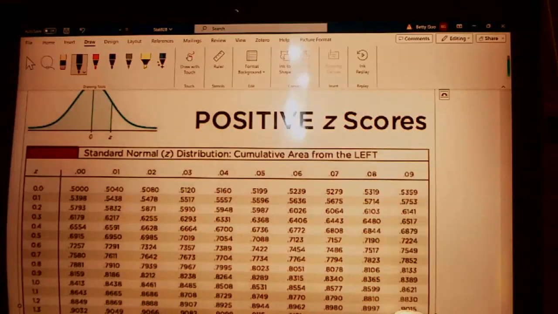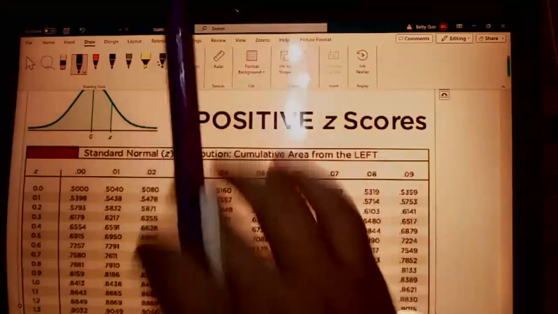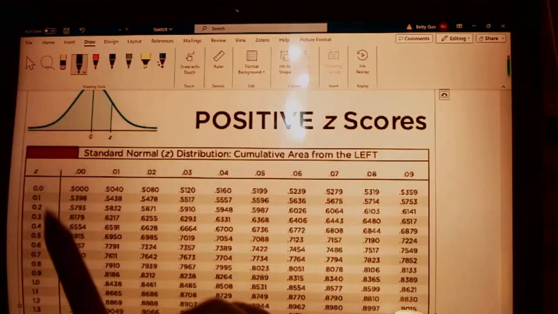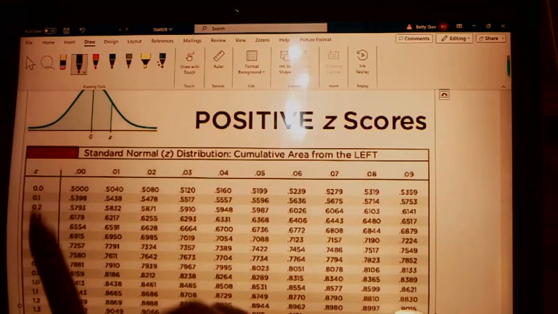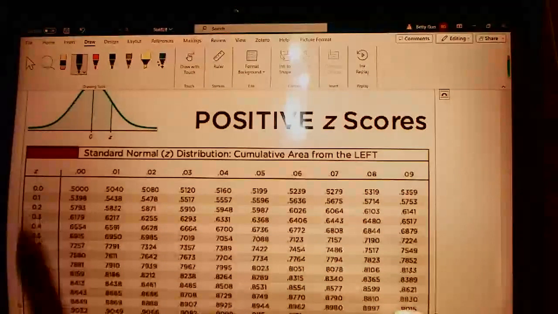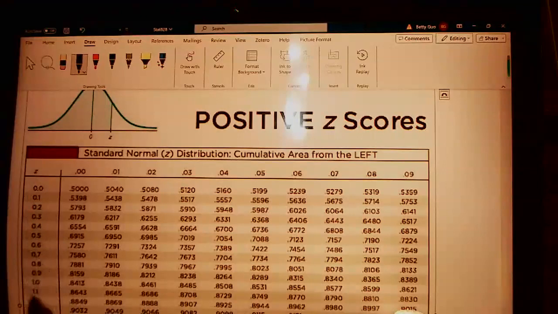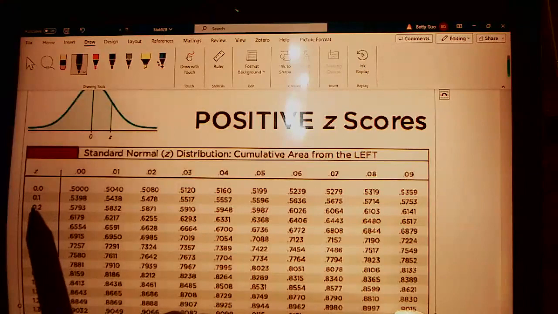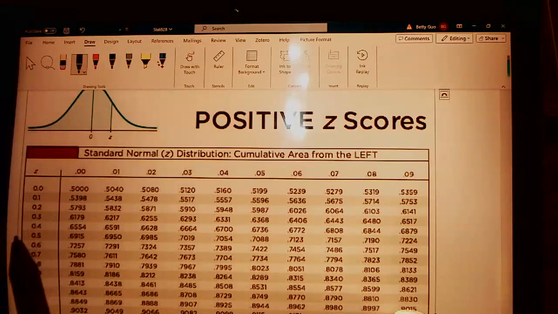All right, so you can see a bunch of numbers on the table. Those are probabilities. And what we need to look for is the z-score. This edge has the first digit to the right of the decimal point, the z-score rounded to one decimal place.